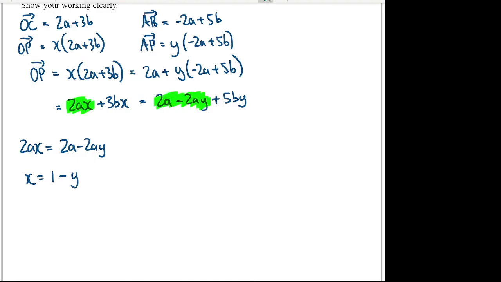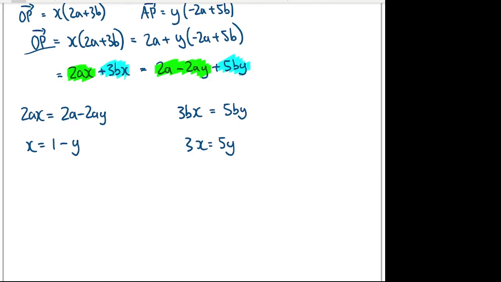And now I'm going to look at the b's. Again, the b's must be the same, because b is just how far you move in one particular direction, and it must be the same because we're going from O to P in both cases. I can divide through by b, so I get 3x is equal to 5y.